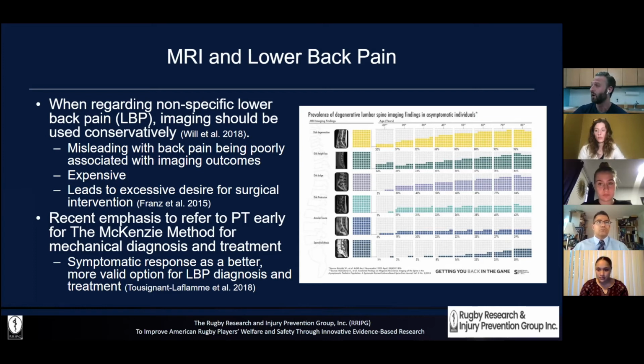3,000 people, okay? If we scroll down, people in their 40s, 50% of them are going to show disc bulges on an MRI in this study. Again, these are people without back pain.